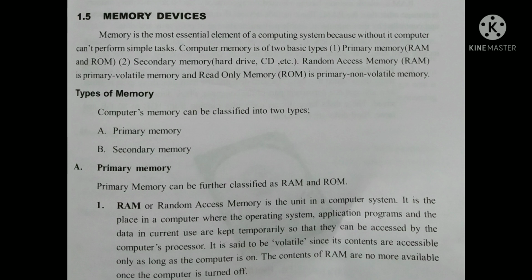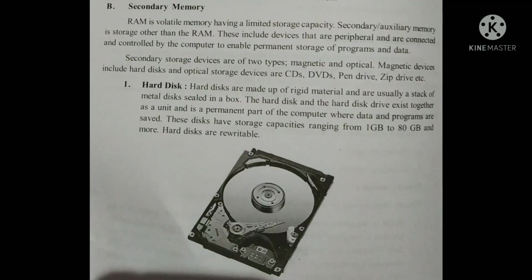These include the devices that are peripheral and are connected and controlled by the computer to enable permanent storage of programs and data. Secondary storage devices are of two types: magnetic and optical. Magnetic devices include hard disks, and optical storage devices are CDs, DVDs, pen drives, zip drives, etc.